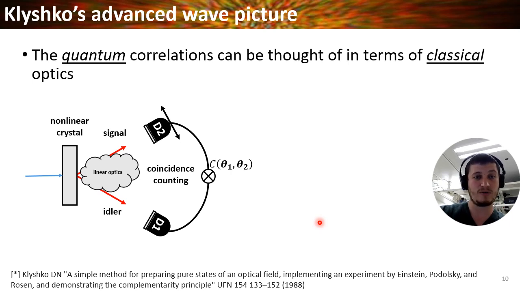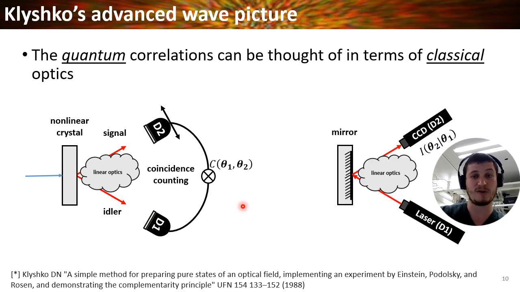D.N. Klyshko considered this two-photon experiment where we have some general linear optics, and at the end we perform the coincidence counts. And he proposed an analogous classical experiment that will give the same result.